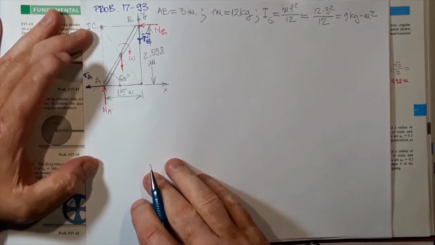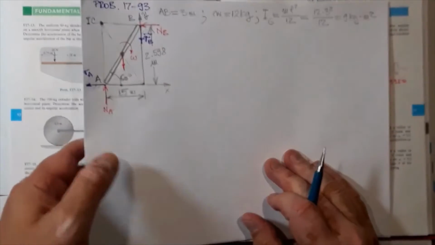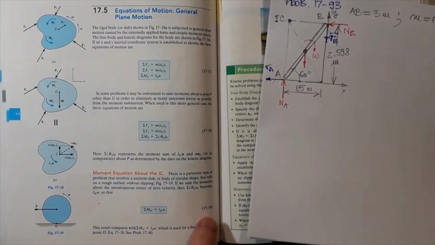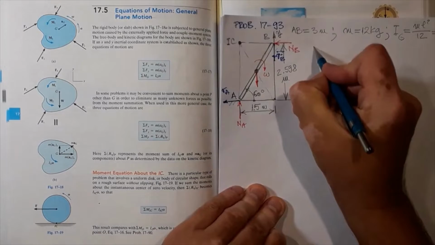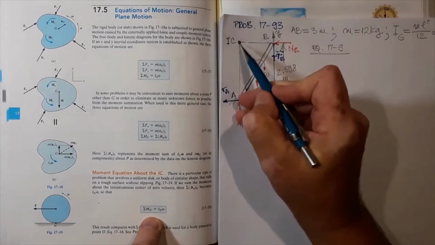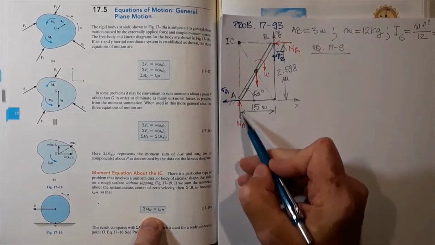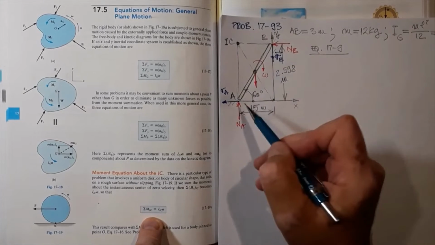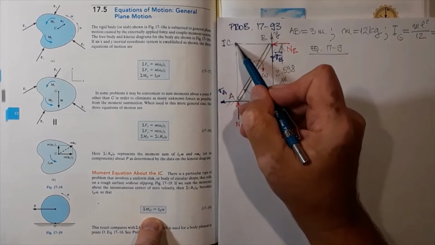I said that the moment equation of motion is good to write in this form, equation 17.9. Why? Because if we sum moments about the instant center, the moment of normal force A and the moment of normal force B are both going to be 0 because their lines pass through the instant center.